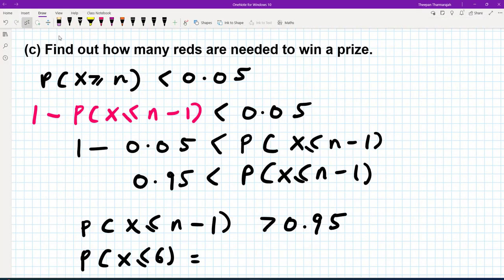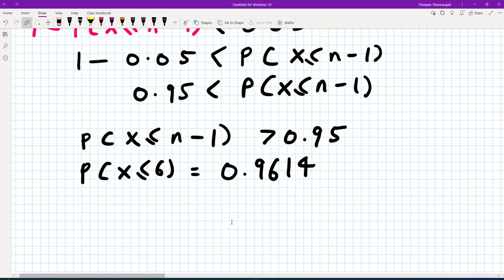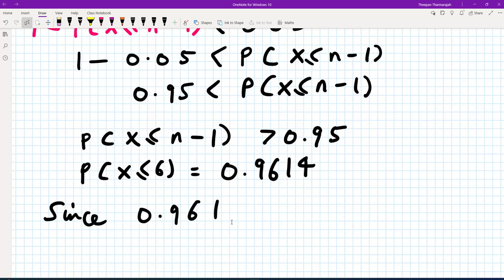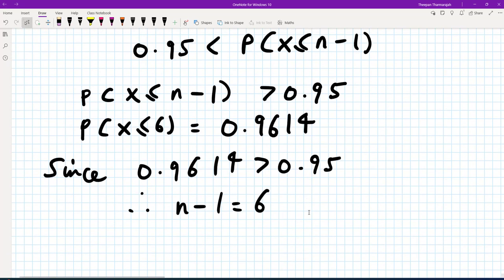Now what we can tell the examiner, and we write this in words, very clearly to the examiner, is: since 0.9614 is strictly greater than 0.95, we can say therefore n minus 1 must be equal to 6, and therefore n must be 7.